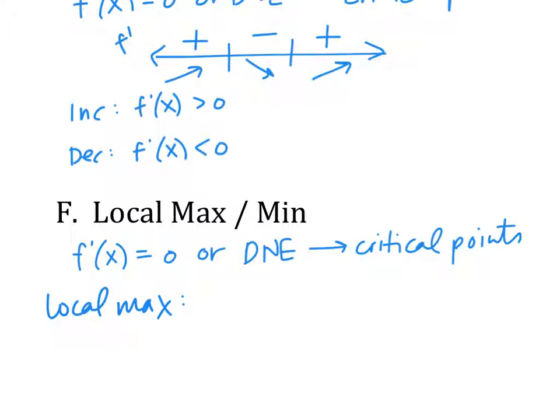On the sign chart, what are you looking for? Change from what to what? Positive to negative. It has to increase and then decrease. So f prime changes from positive to negative.